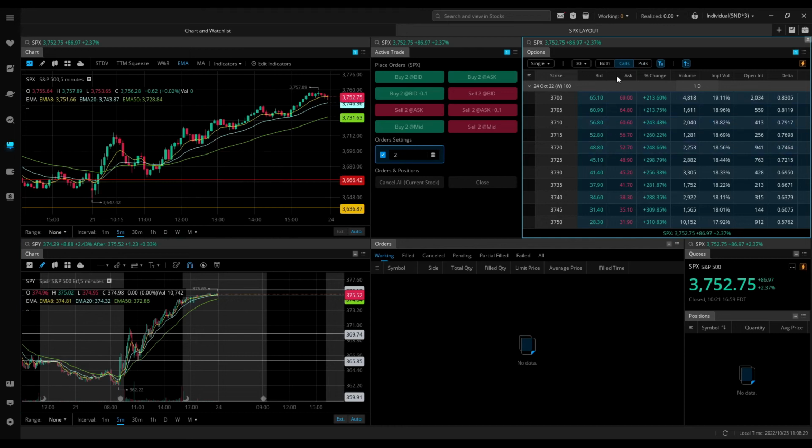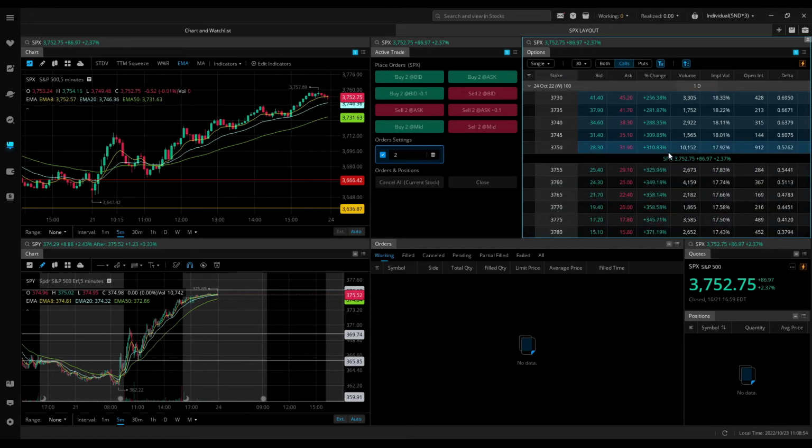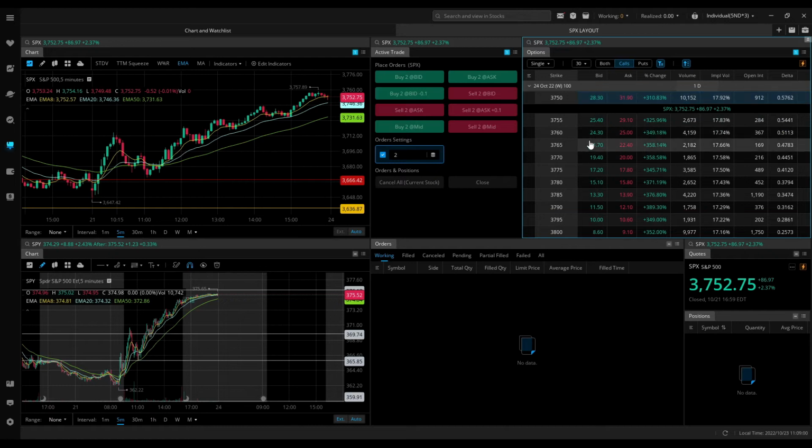So if I go to the call option contracts, any option contract that has a strike price above the current price is in the money, and any option contract whose strike price is below the current price of SPX is out of the money. So here, the out of the money contracts would start at 3755, and all the contracts below are out of the money strike prices.